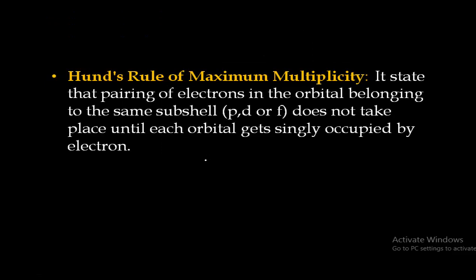Another rule is Hund's rule of maximum multiplicity. Now, if there is a presence of s, p, d orbitals in the same subshell, where will the electrons fill first, whether they will go to d or p or s? Here, according to Hund's rule, they will fill up first in s, then in p, and then in d.